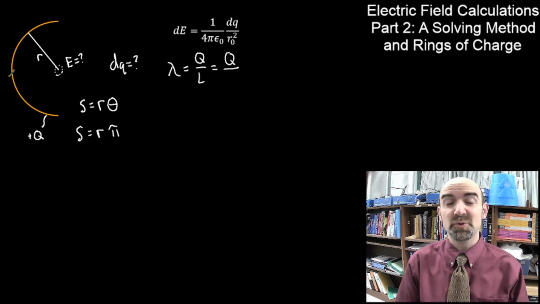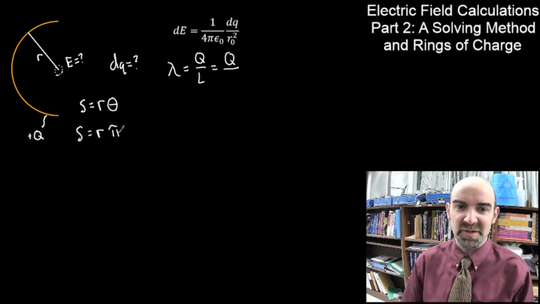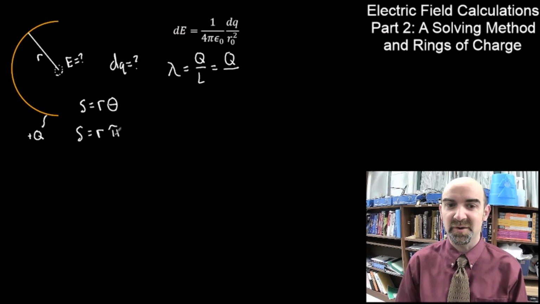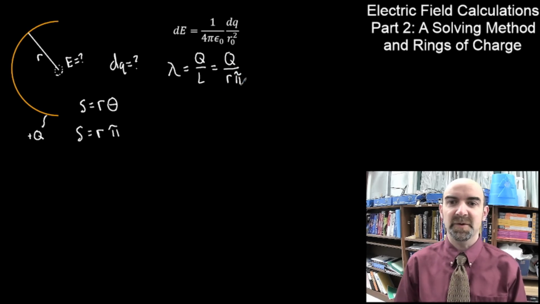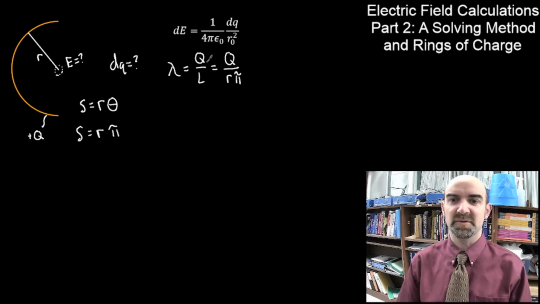Now, if we did the full circle, this would be 2 pi, and that's where you get circumference equals 2 pi r. But that's our arc length. So the entire arc length, L, is going to be equal to r times pi. There it is. All right, r is the defined radius of the circle here.